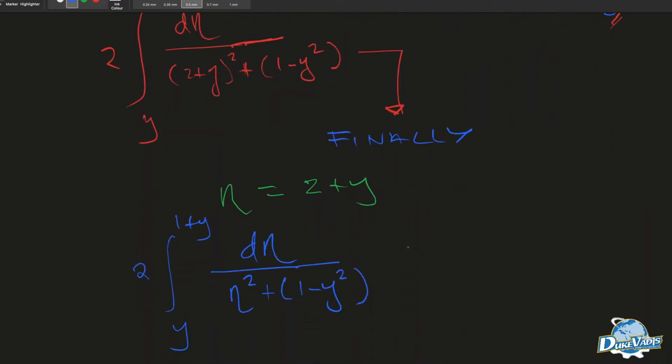So when we look at this one, we'll be able to integrate this using the tan inverse function.